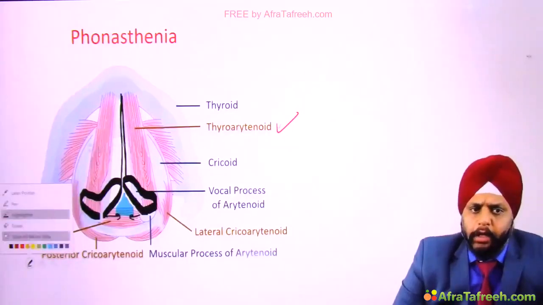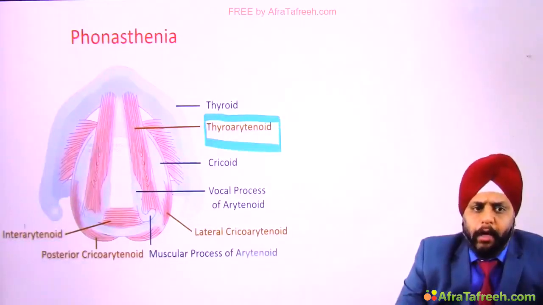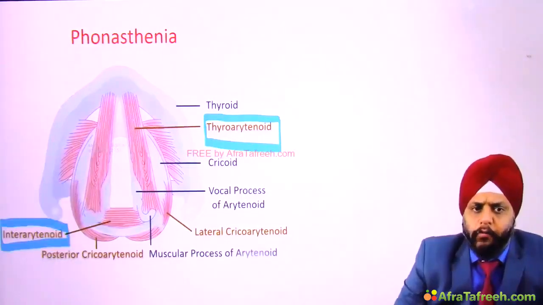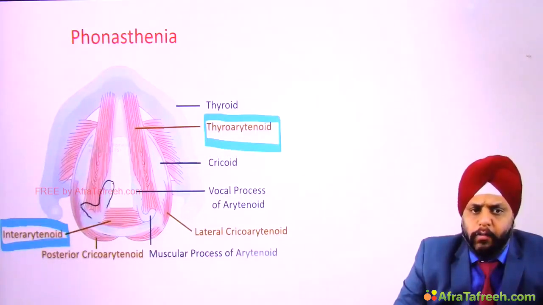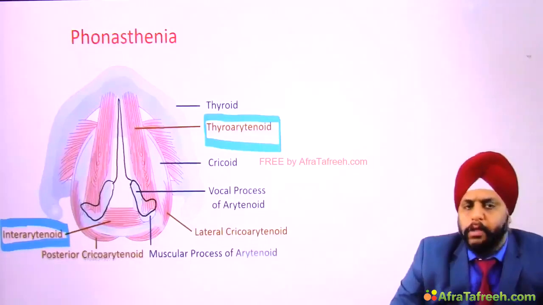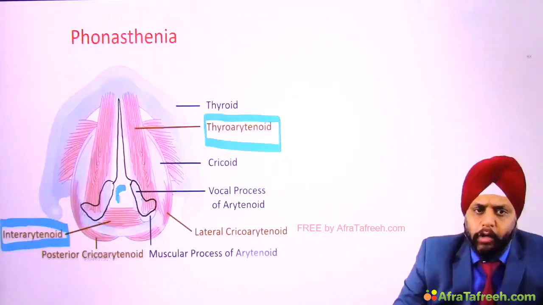Now let's say there is phonasthenia of both thyroarytenoid and interarytenoid. Both these muscles have undergone phonasthenia. So what happens as a result? There is only the movement of the lateral cricoarytenoid. Rest, there is no movement. As a result, we have a space between the two vocal folds on trying adduction.